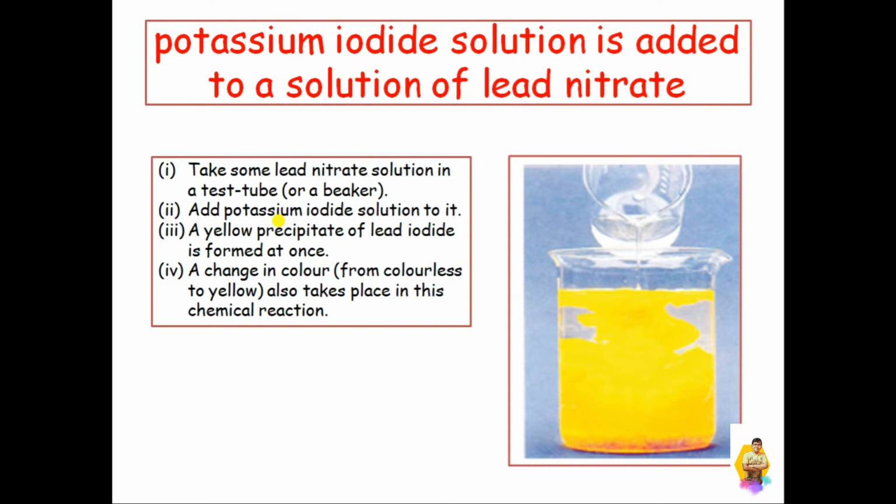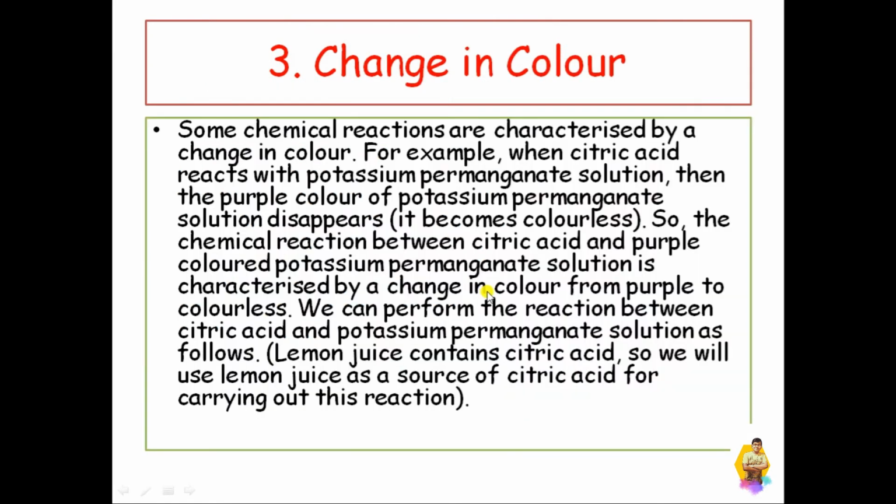It is also a colorless solution. So what will happen? A nice yellow precipitate of lead iodide will be formed. So this is an example. So now point number 3, that is the change in color.